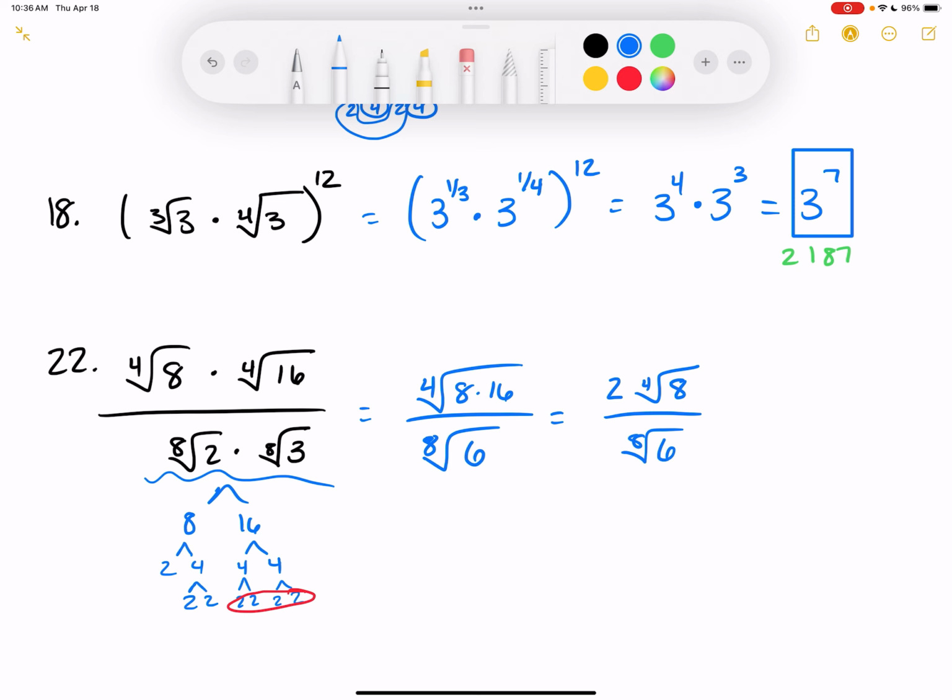So at this point, it might be good to convert these into rational exponents to deal with it. So how would I do that? How would I rewrite this stuff?